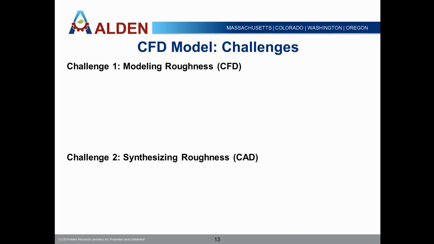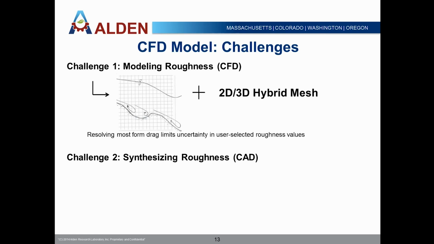Well, we use CFD modeling, as I said, but there's two main challenges with that. One was the roughness. So how do we model this roughness in a manageable way? With CFD, we're lucky, we have the vertical resolution, so we can pick up a lot of those roughness features that cause form drag, and we can explicitly model that kind of foot to 2 foot scale ups and downs of the bed that we think is going to exist after construction.